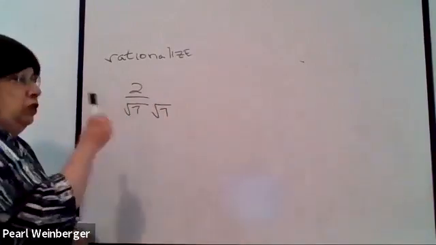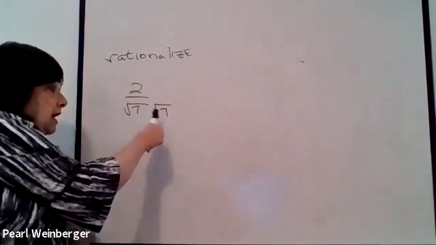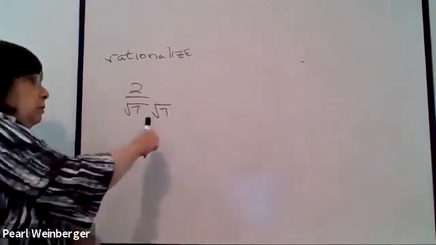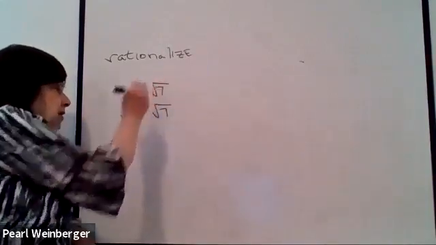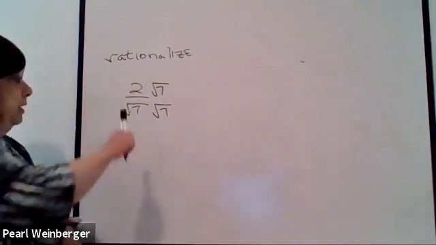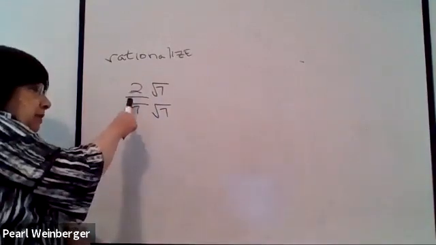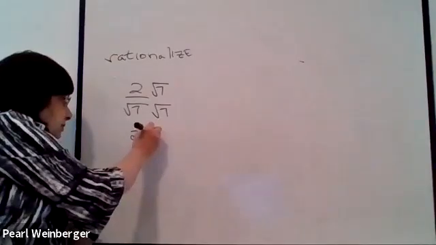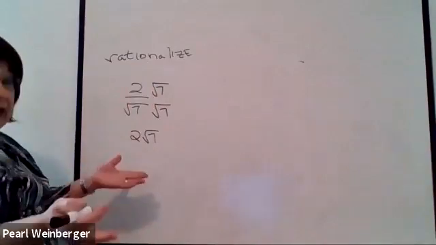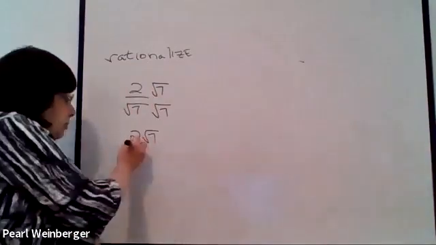Remember, my decision is always based on what's happening in the denominator. But whatever I do in the denominator, I have to do the same exact thing in the numerator. So what am I left with? I'm left with 2 times radical 7, because the 2 is outside the radical and the 7 is inside. I can't multiply those.